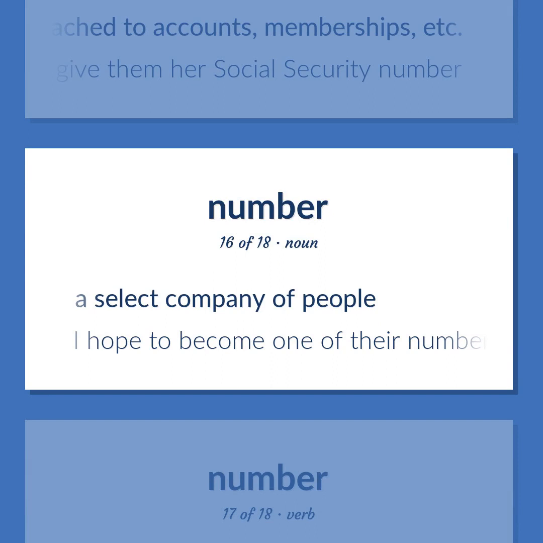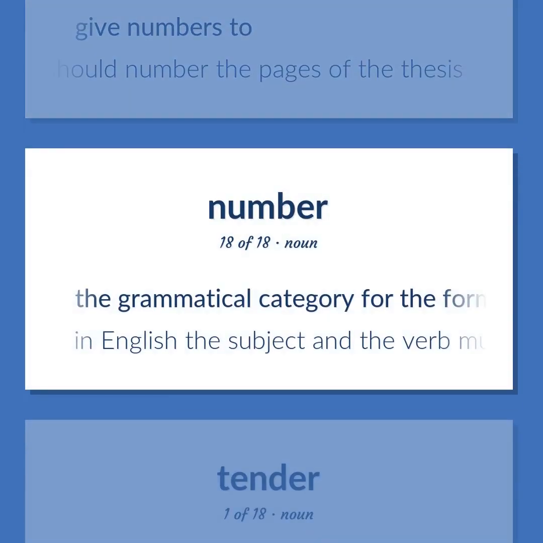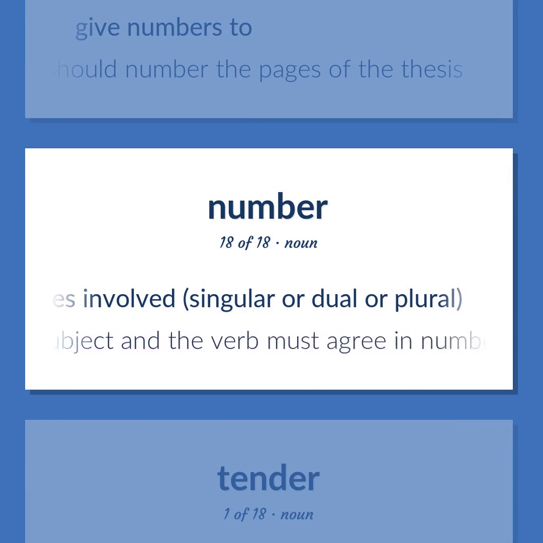I hope to become one of their number before I die. Give numbers to. You should number the pages of the thesis. The grammatical category for the forms of nouns and pronouns and verbs that are used depending on the number of entities involved, singular or dual or plural. In English, the subject and the verb must agree in number.